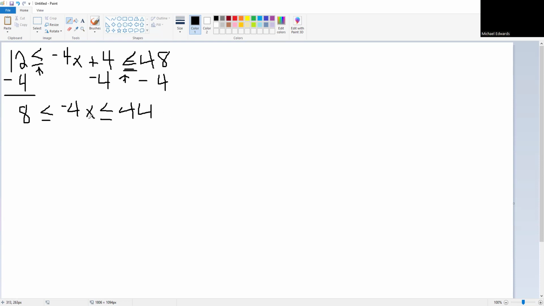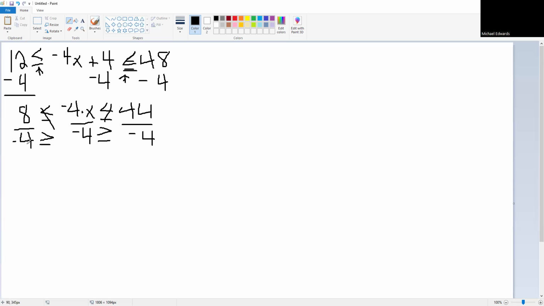Now, we need to isolate the x, so this is multiplication. Notice this is a negative sign. Let's divide by the negative 4 on all sides. Now, what happens to the inequality when we divide by negative 4? It gets reversed on both sides.